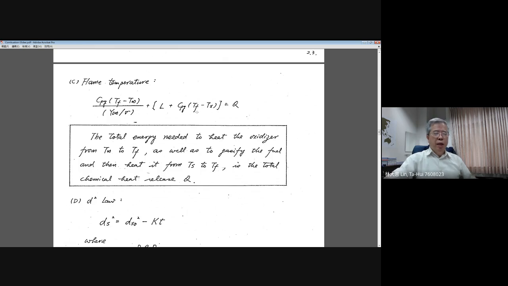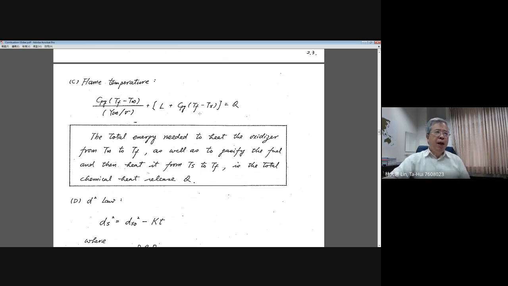Which means on the fuel side, the vapor comes in from the liquid surface, and why can it come out from the liquid surface? Because it already absorbed the latent heat of evaporation, and then it diffuses to the diffusion flame. In this region, when it diffuses, it absorbs heat as the temperature increases from Ts to Tf. The bracket represents the heat that will be absorbed by the fuel on the fuel side.